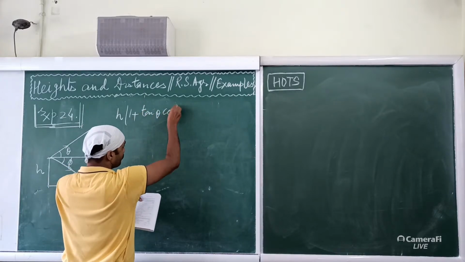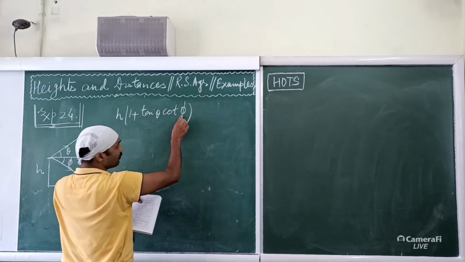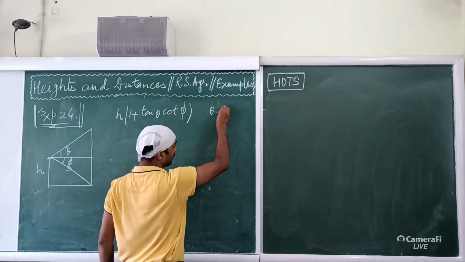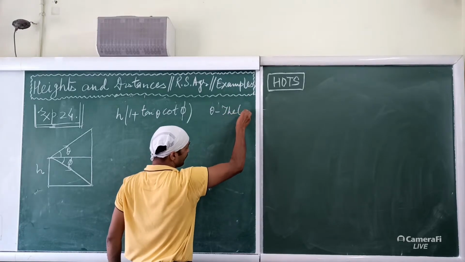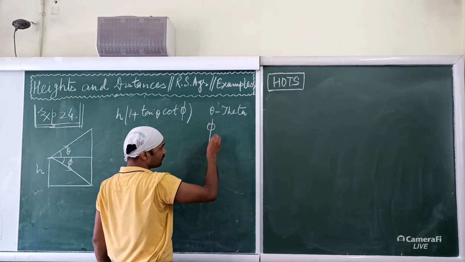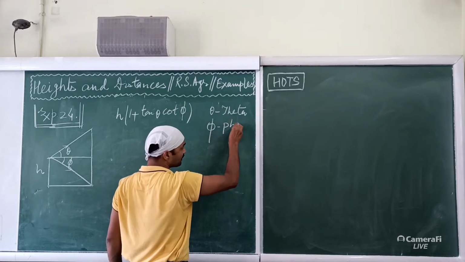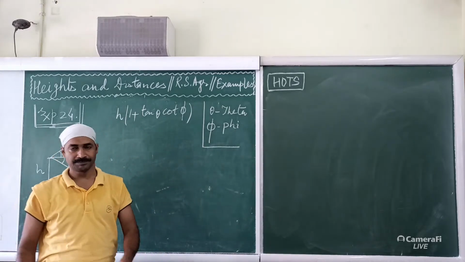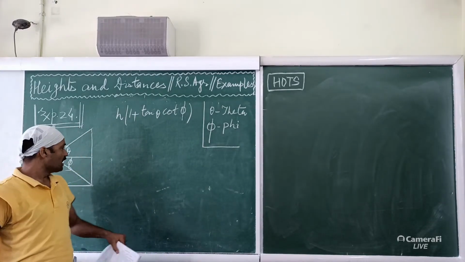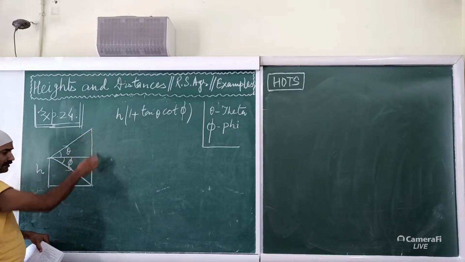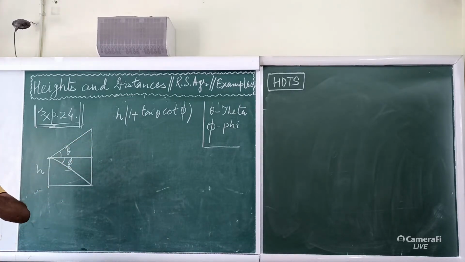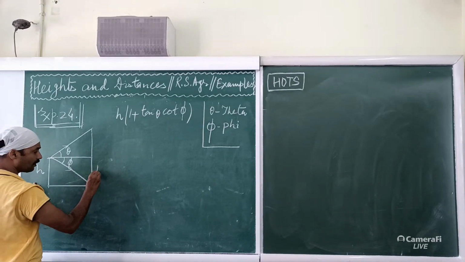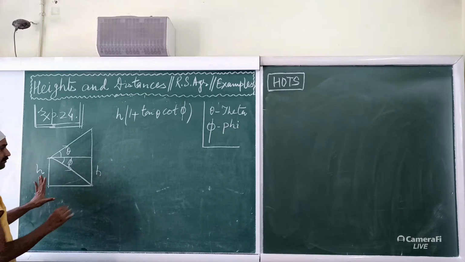This symbol is called phi, and this is theta. Phi and theta are used here to denote angles. This is h, so this will also be h.